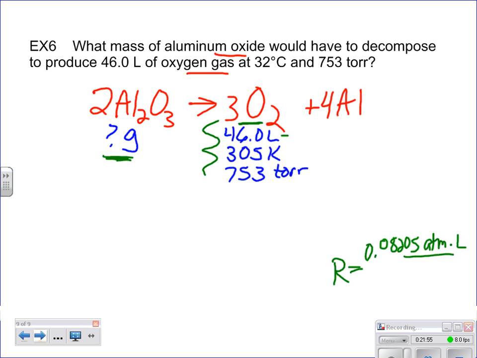Atmospheres, liters over mole Kelvin. So the reason it'll get you there is we're going to ultimately flip this. And so by starting with your liters, you're going to then flip your R, and it'll work because that'll cancel out. But I think it's better to start with your R because you're thinking to yourself, I want to get my moles in the numerator. So if you think about that, then that can kind of guide you. So it doesn't really matter.